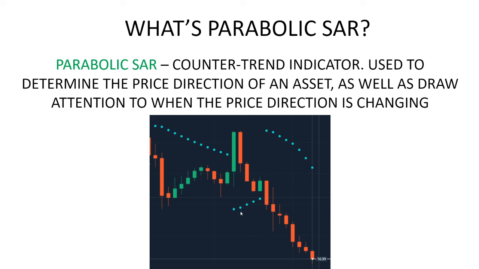Whenever the dots start approaching the price movement, we have a forewarning that the trend may change. As you can see here, whenever the first dot appears on the top is when we have a signal to enter a down trade. And likewise, if the dots appear below the price movement, we have an indication to enter a buy trade.